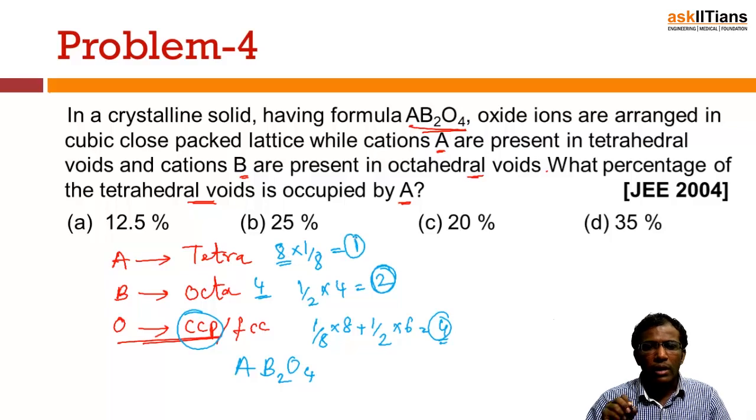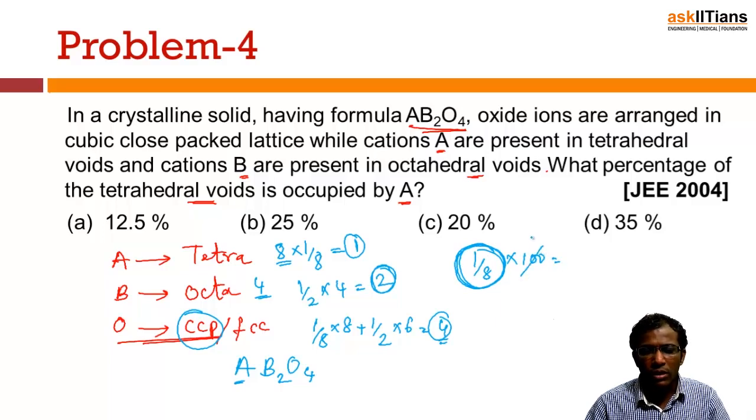So, out of 8 tetrahedral voids available, only 1 will be filled up. So, only 1/8 of the tetrahedral voids are filled. So, 1/8 into 100 will give the percentage of tetrahedral voids filled. So, 100 by 8 will become 12.5%.